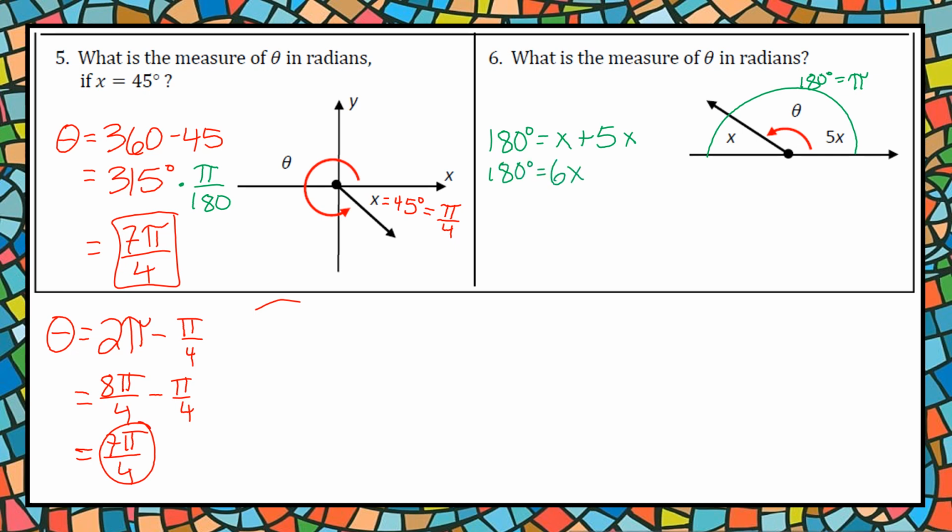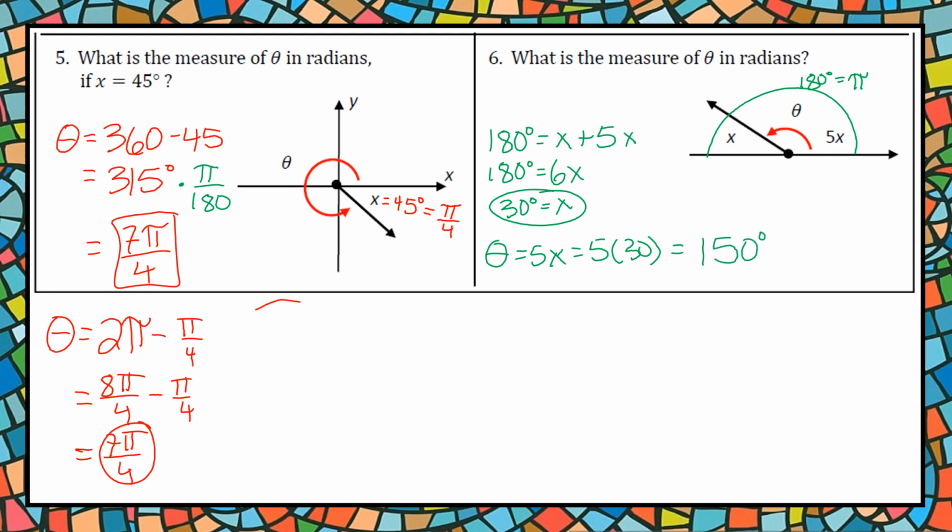So solving that, dividing by 6, I can figure out that each x is worth 30 degrees. So if I'm wanting to figure out what theta is, since x is 30, theta is equal to 5x, which is 5 times each x value of 30 degrees, or 150 degrees.